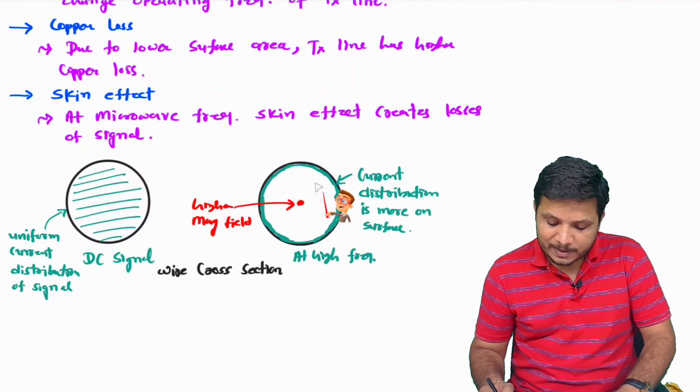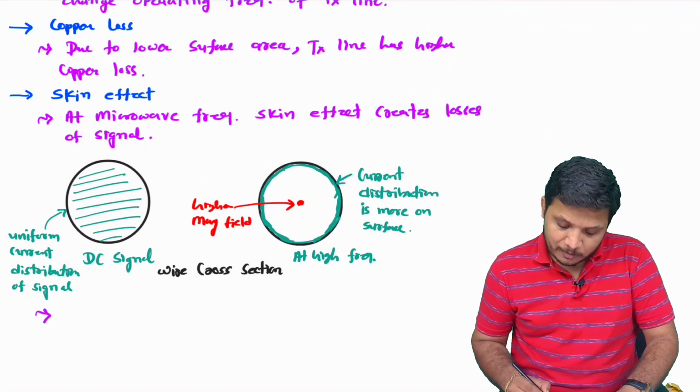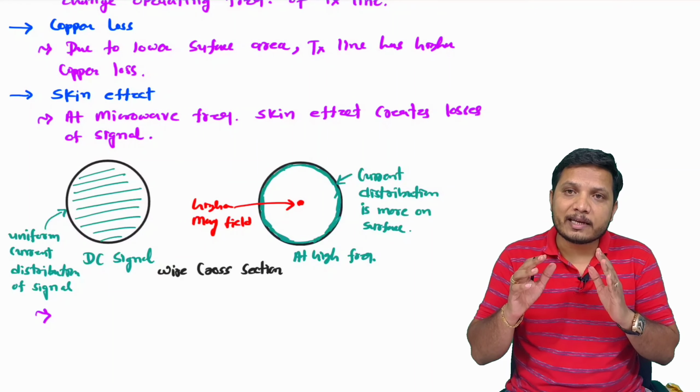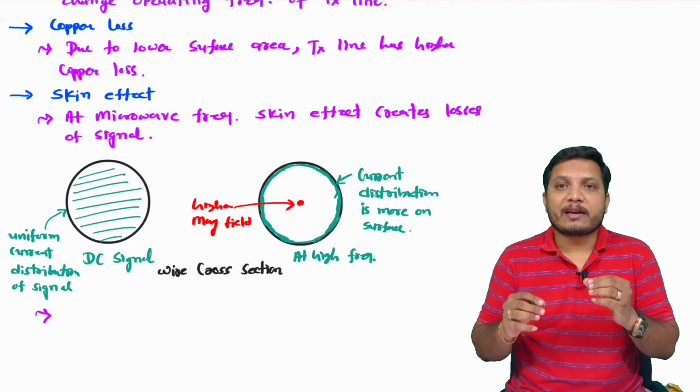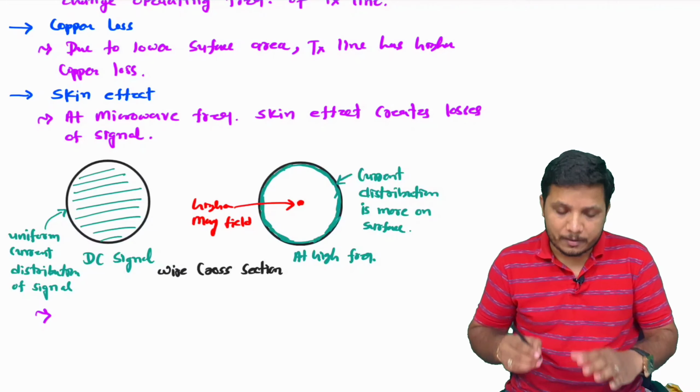So there will be loss of signal at high frequency due to skin effect. So here I can say, as I increase frequency, skin effect radiation will increase, so loss due to skin effect will be more.